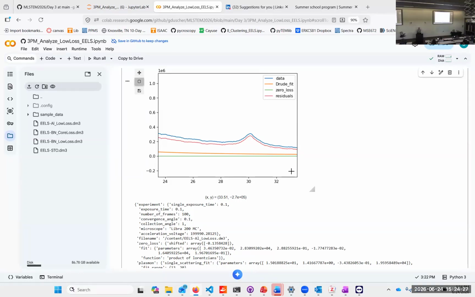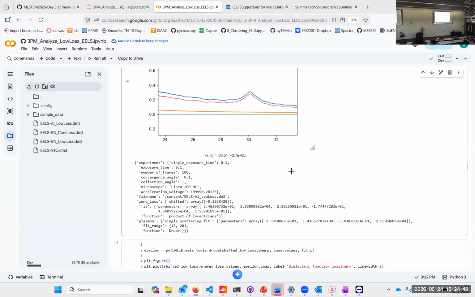The thicker your sample is, the more of this scattering you have. So you can have 10 of those, and the plasmon peak at that point is probably stronger than your zero loss peak. So not necessarily the best idea. But here we have this multiple scattering one, and you can have at least 4 or 5 of these plasmon peaks that you can find.